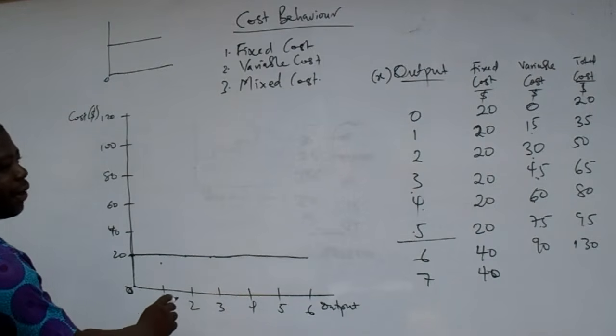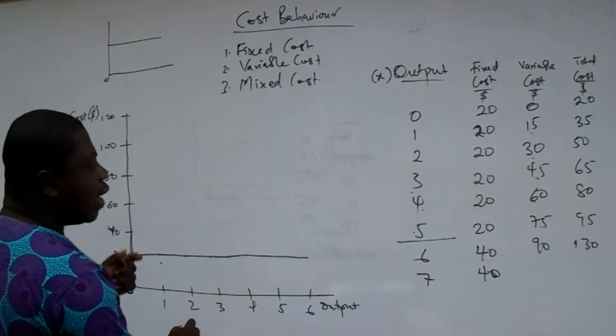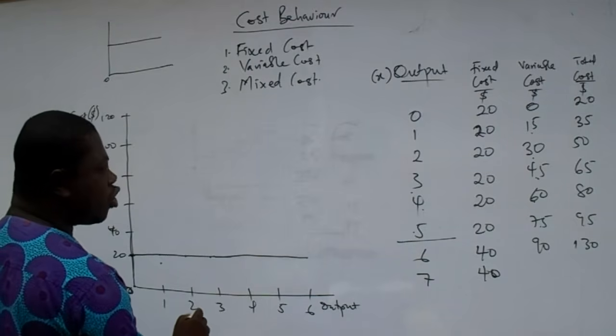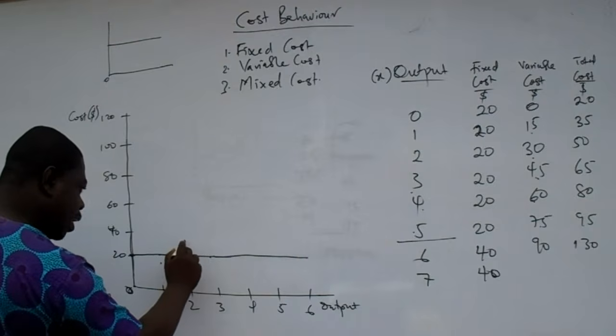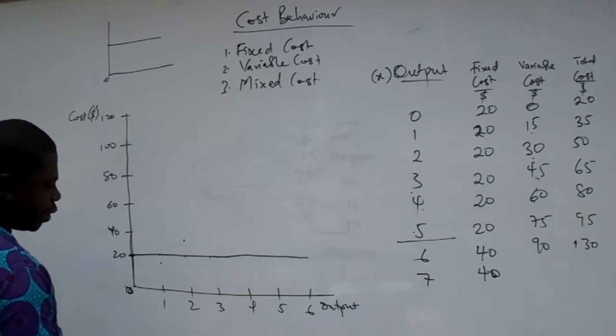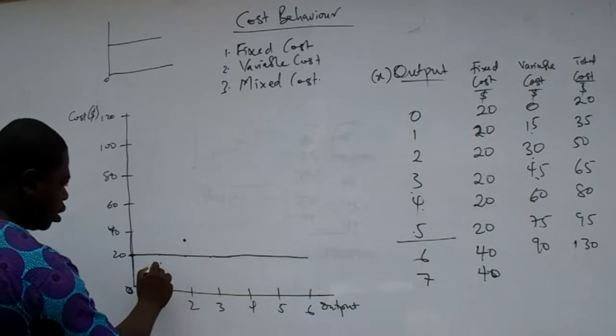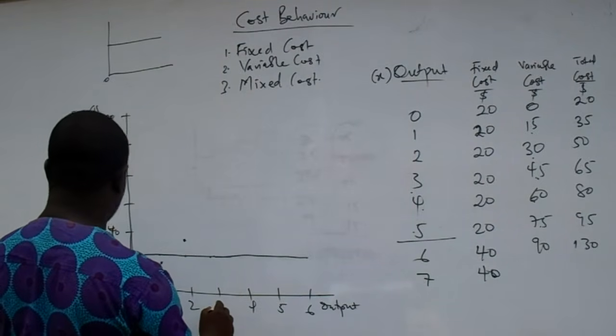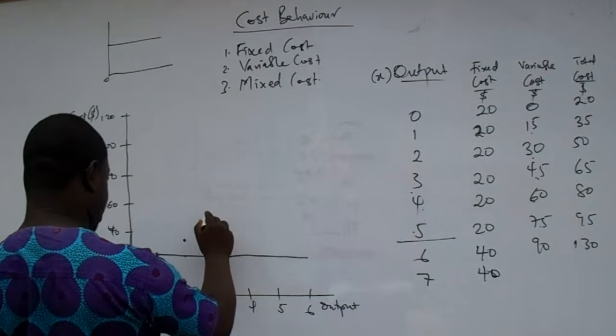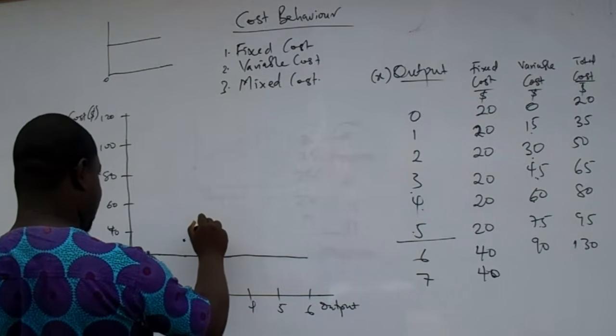Okay, and when output was 2, variable cost moved up to 30. So 30 can be traced from here to 2. So this is where it will be. And then when output was 3, variable cost was 45, so that will also be traced up here.